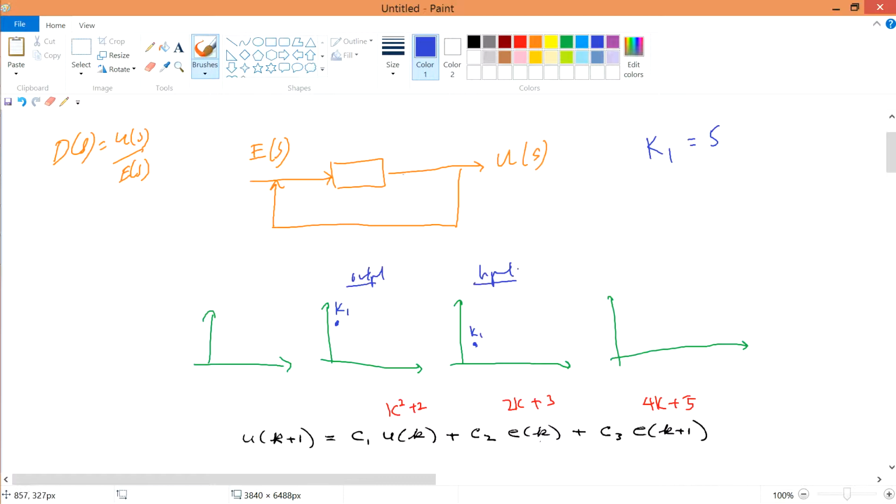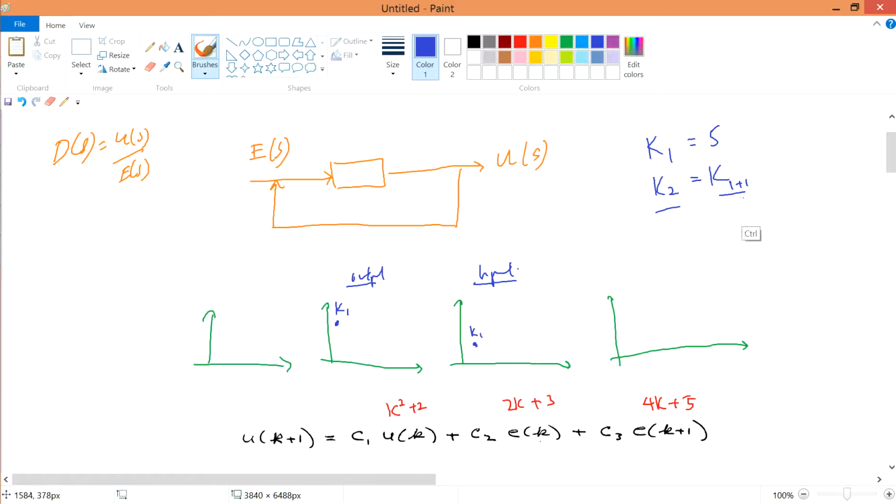Now K1 goes out as an output, and it will also feed back and interact with the initial K1 input. This means that this new point over here is called K1 plus 1, which is also K2. I'll define it over here for better clarity.